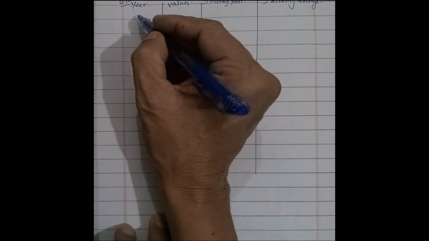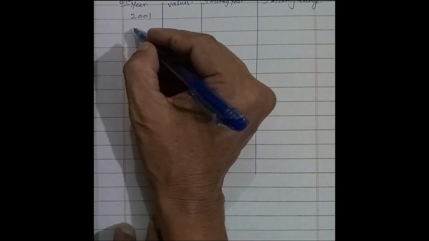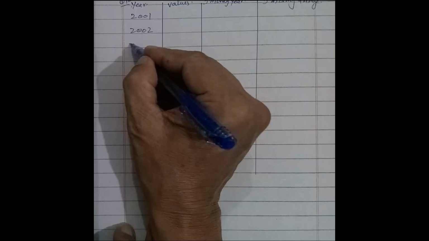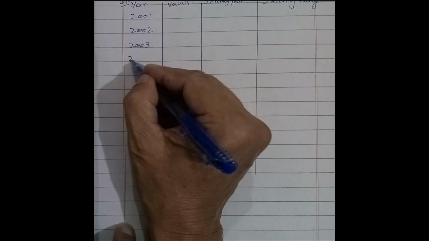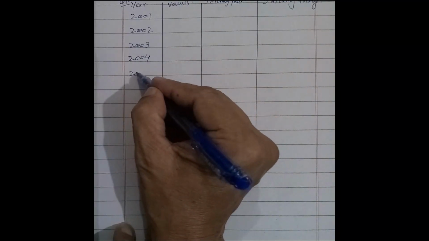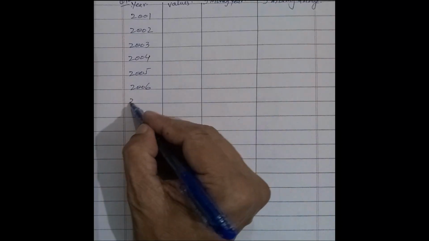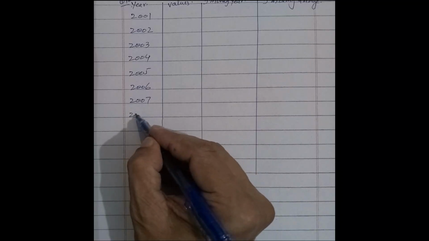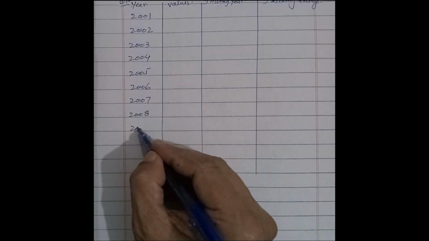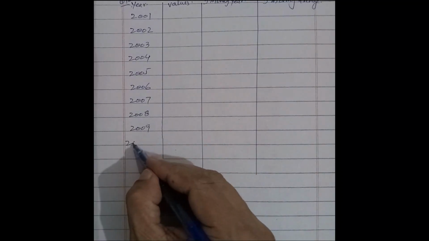Now we plot these values, which are 2001, 2002, 2003, 2004, 2005, 2006, 2007, 2008, 2009, and 2010.